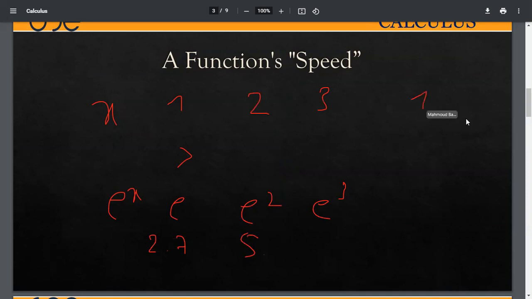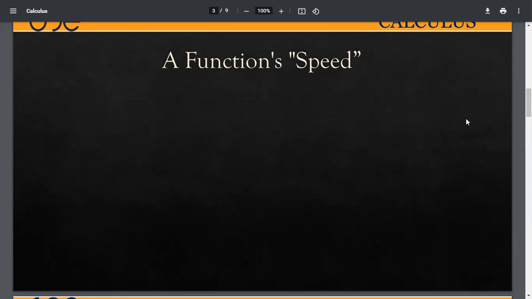So when I reach 10, e power 10 will be a very large number compared to 10. So if I want to compare the two functions f of x equal x and g of x equal e power x, I would say that f of x is slower than g of x and g of x is faster than f of x. Why? Because here my reference is the speed to reach infinity.